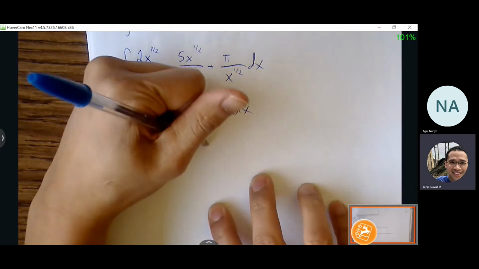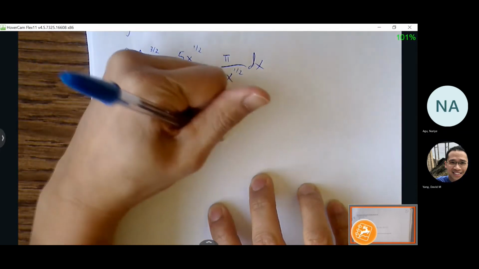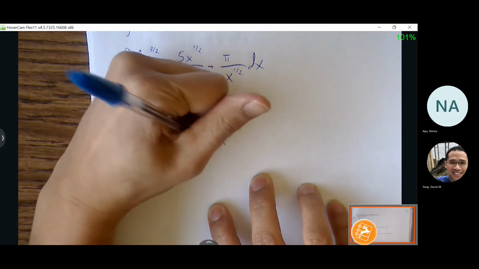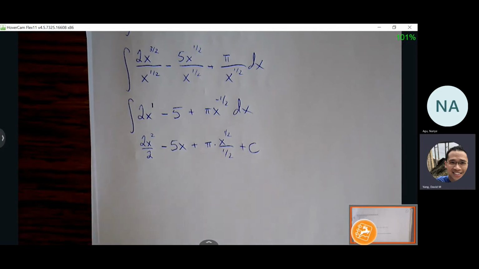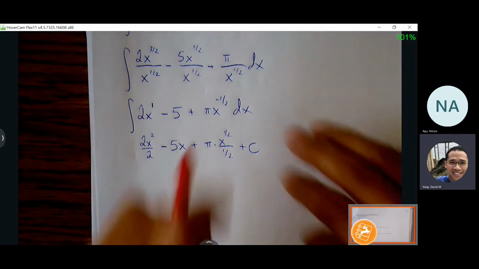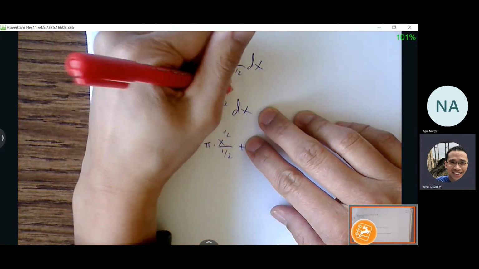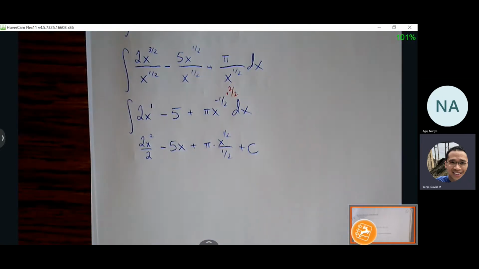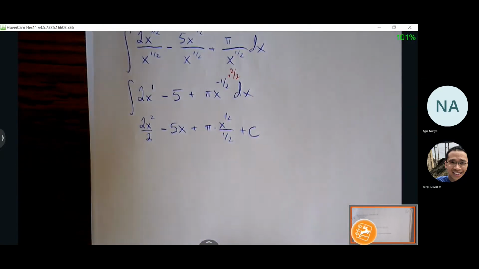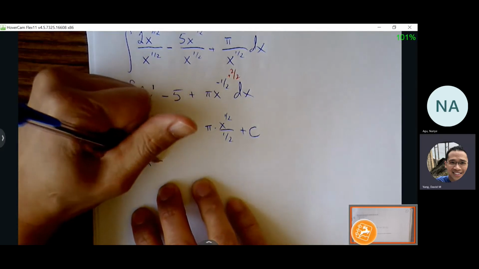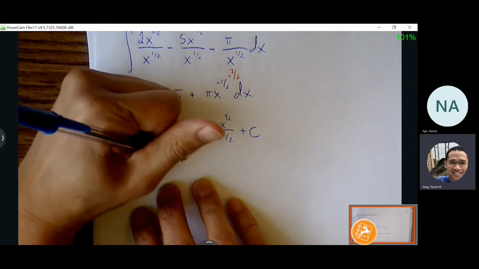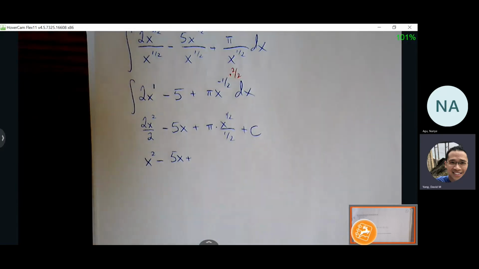Okay, pi is a constant. It just stays in front. Add 1 to the exponent. Negative 1/2 plus 1 or plus 2 over 2 is 1/2. Okay, do some more cleanup here. X squared minus 5x. Flip that 1/2 to be 2.